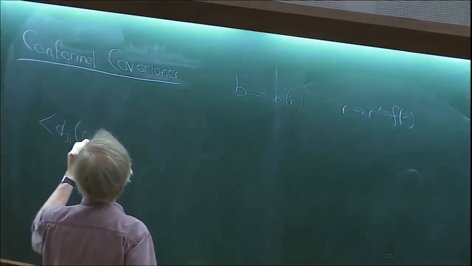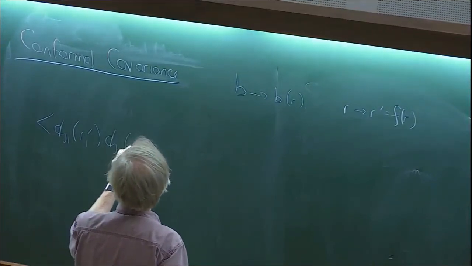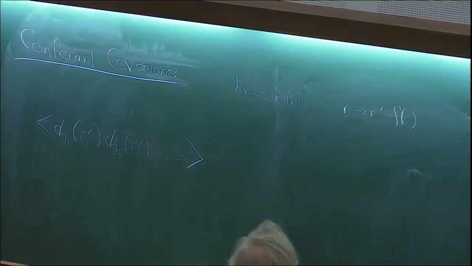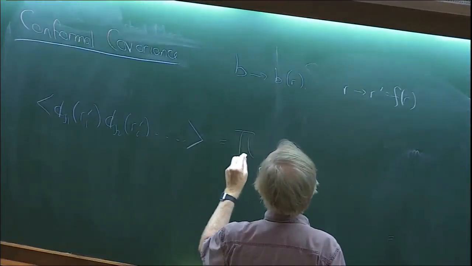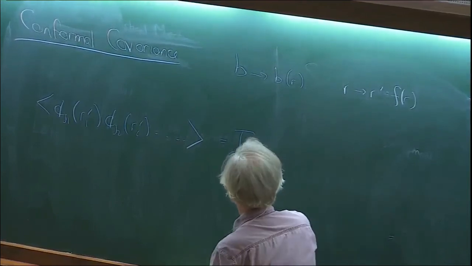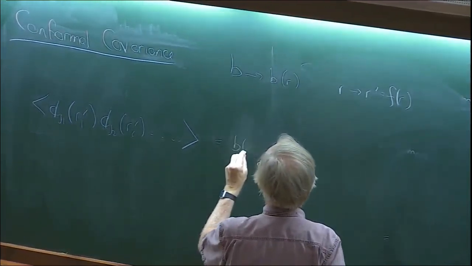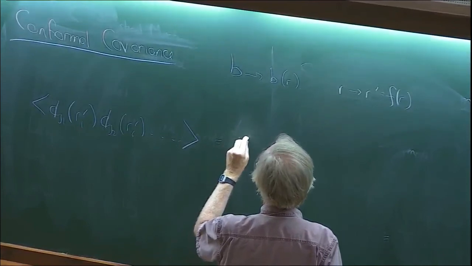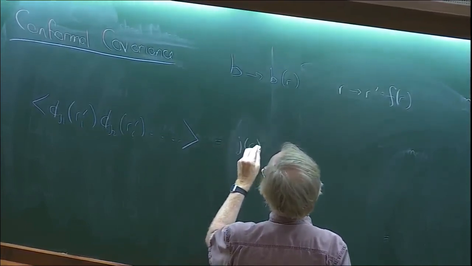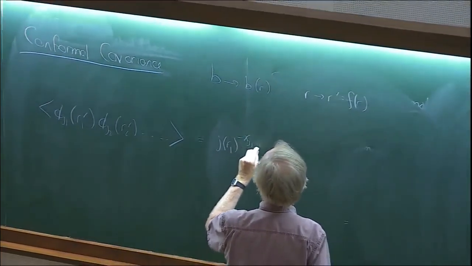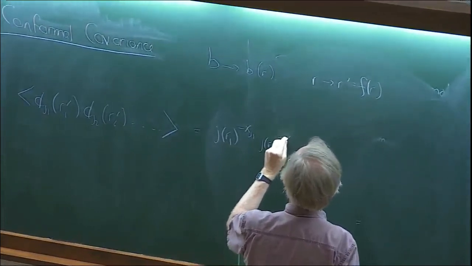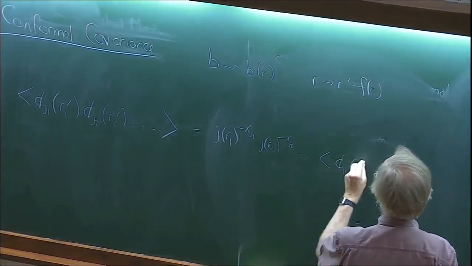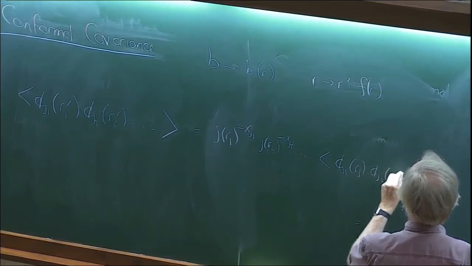equation: phi j1 of R1 prime, phi j2 of R2 prime, dot, dot, dot, is equal to the product of some number which I'm going to call J of r1 to the minus x_j1, J of r2 to the minus x_j2, dot, dot, dot, times phi j1 of r1, phi j2 of r2, dot, dot, dot.